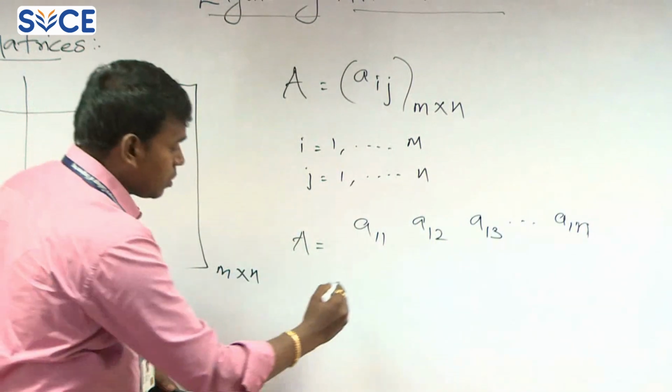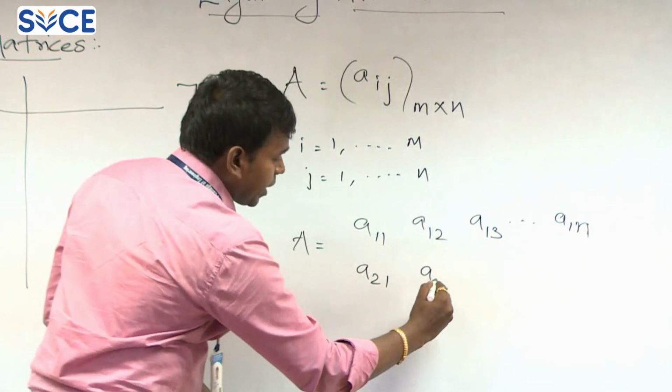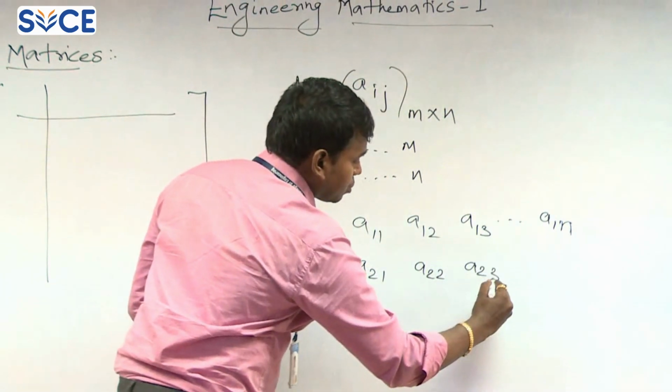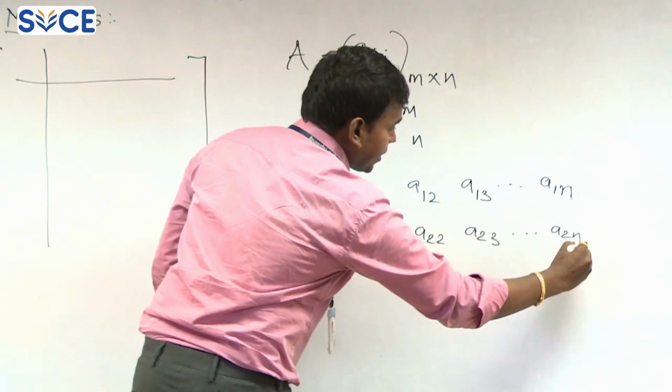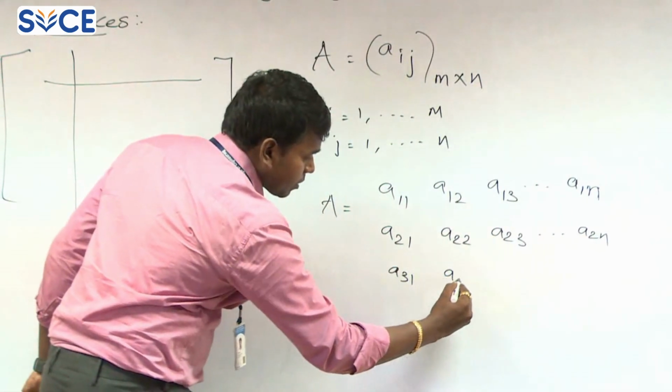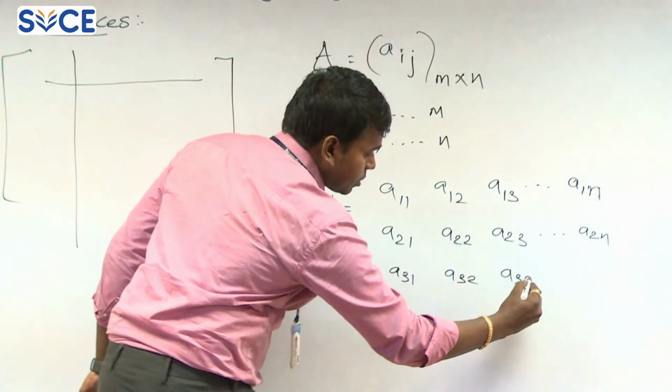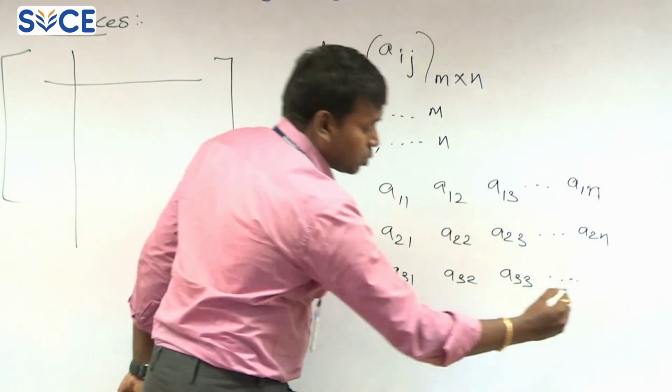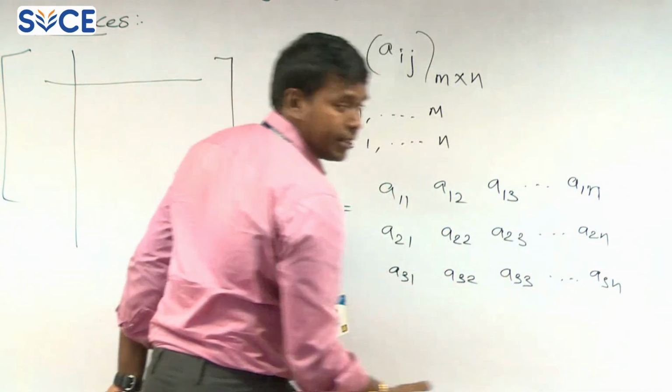Now second row, so A21, A22, A23, etc. to A2n. Now third row A31, A32, A33, etc. to A3n.